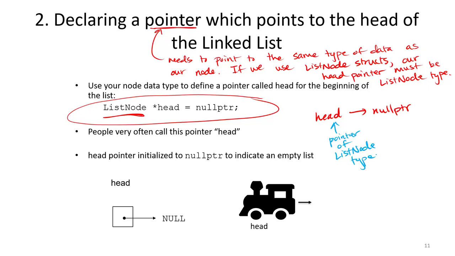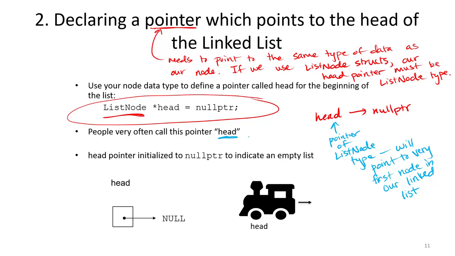Notice the head pointer is not a node itself, it's just supposed to point to the very first item in our list. And very often, programmers generally call the pointer head because this is the pointer at the very beginning of our linked list.